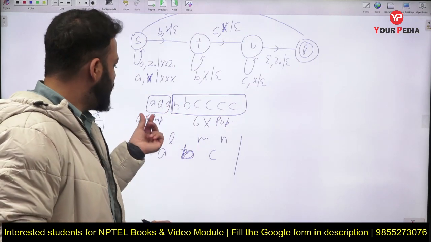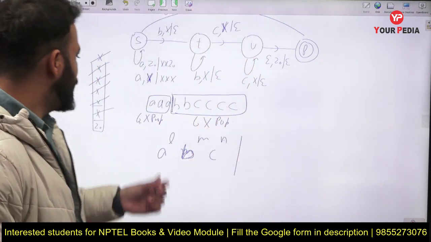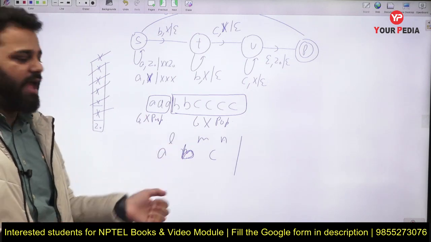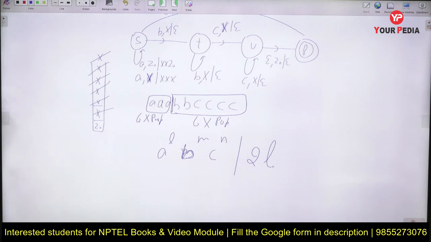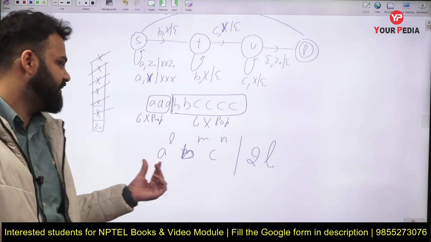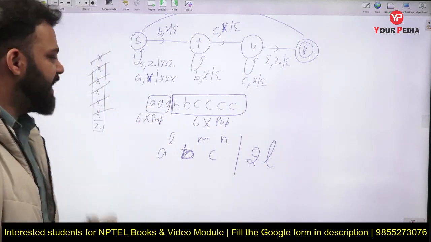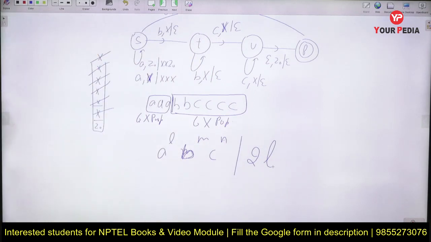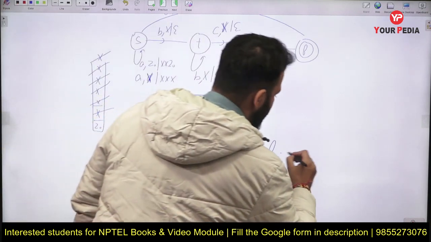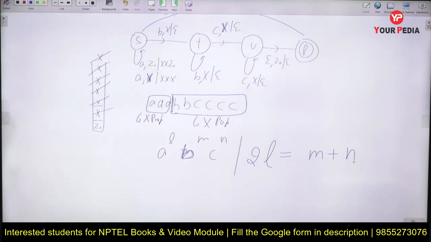Now what we are doing in our question is we are pushing twice the number of A's. So if number of A's are L, so the number of X that are being pushed into the stack is 2L, and for each B and each C you are popping 1X. So if the number of X's pushed into the stack is 2L, then you need an equal amount of B's and C's to make the stack empty.